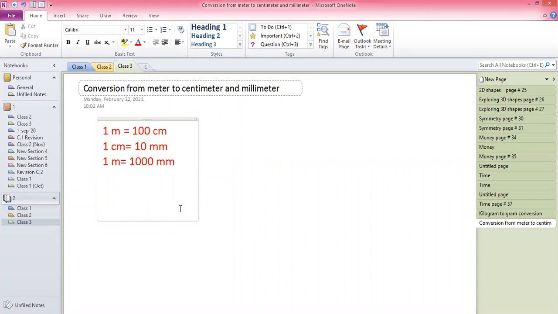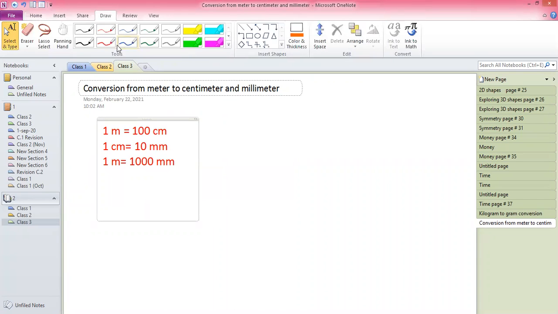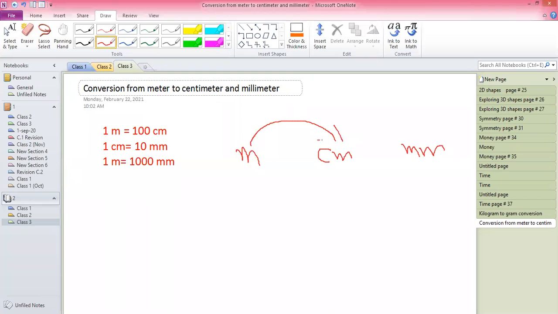Let's suppose I write here, look, this is meter, this is centimeter, and this is millimeter. If you want to convert any value from meter to centimeter, what will you do?